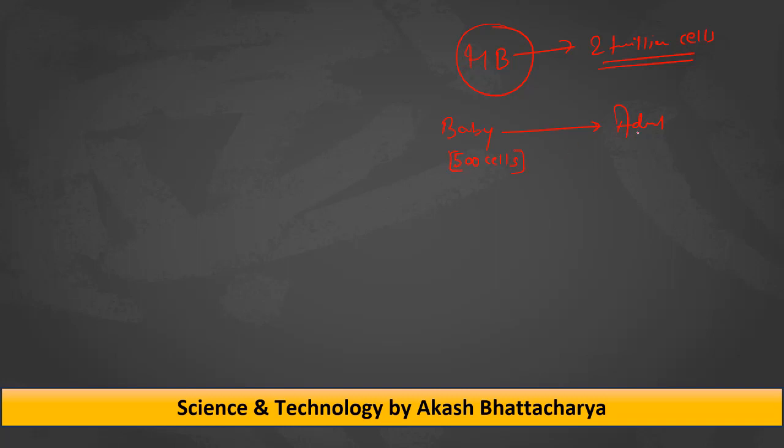Once he is an adult, these cells will also have reproduced, and now he is going to have around 10,000 cells. So we understand that the cell has a tendency to reproduce, and this reproduction of cells contributes to what is called growth.